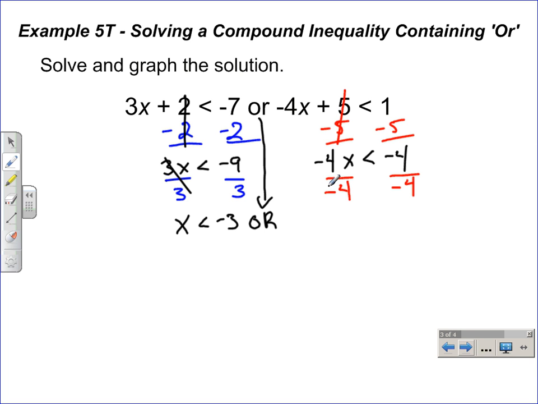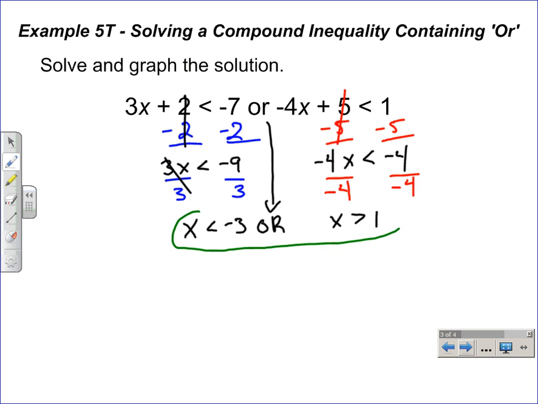That's right, you have to turn it around. So x is greater than positive 1. So our solution here is x is less than negative 3, or x is greater than 1. So that's our solution. Now we need to graph that solution.